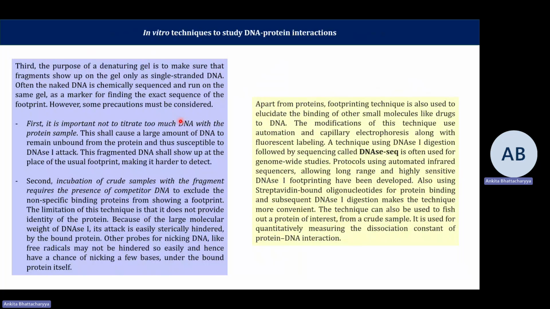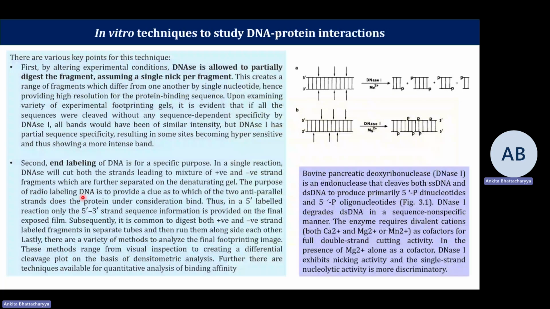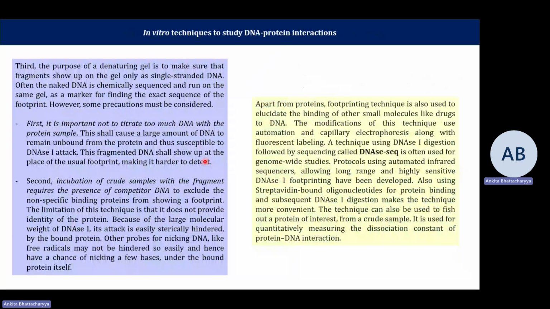So after you have done this, if you remember, we had first used DNase-1 for partial digestion of our sequence of interest. Second, we justified the logic of end labeling of DNA. Third, you have to run a denaturing SDS-PAGE. Why? Because you do not want any heterodimers to be present in your sample.